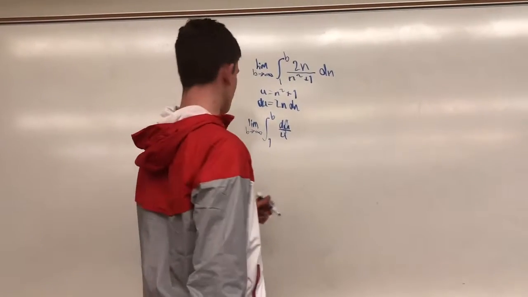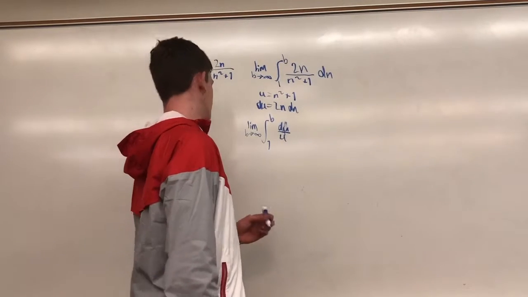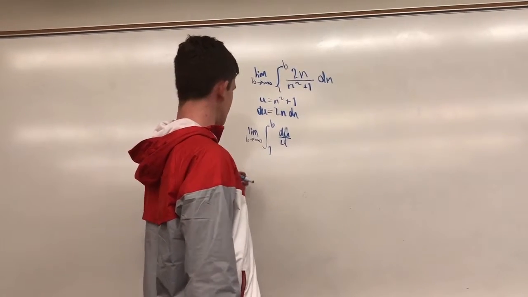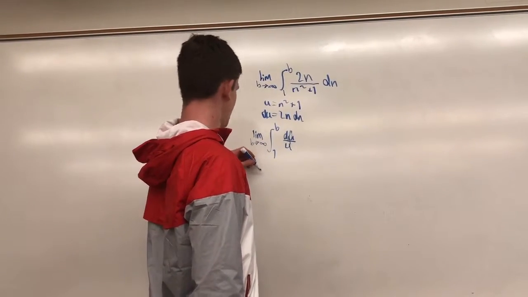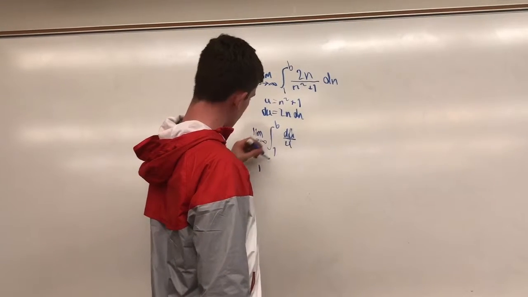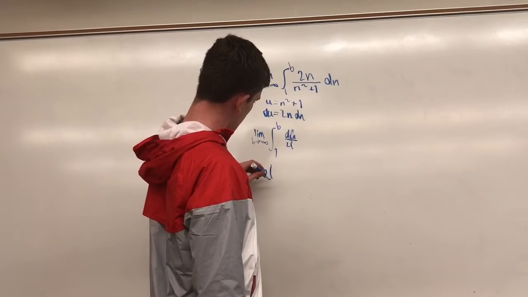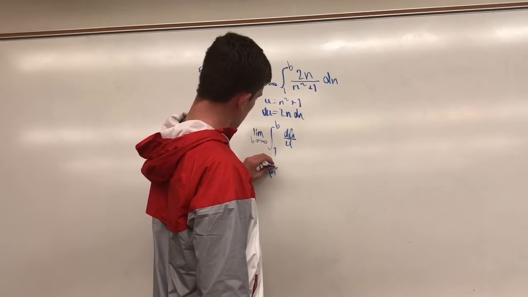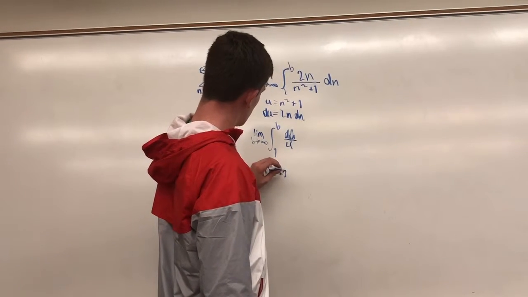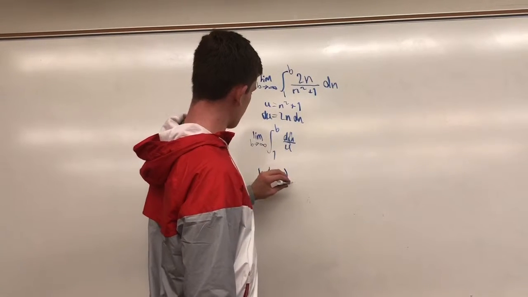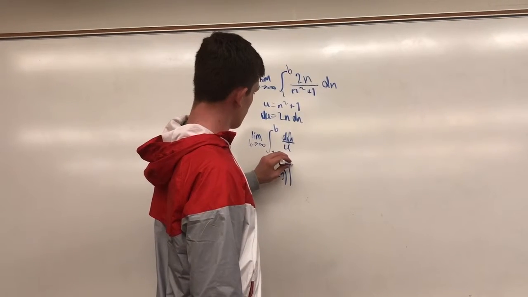That means that we're going to use a logarithm. So once you integrate this, this becomes ln of n squared plus 1. And then we still got our boundaries b and 1.